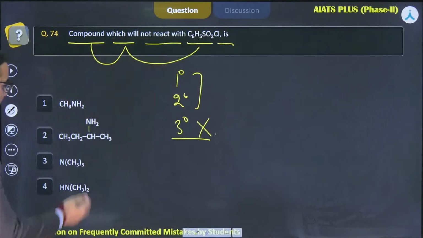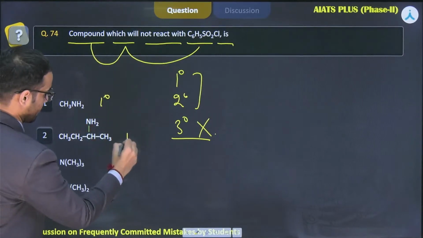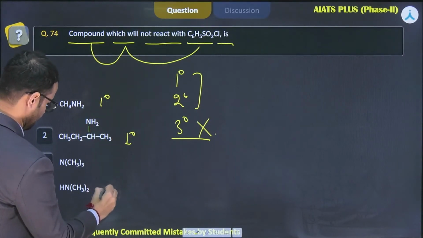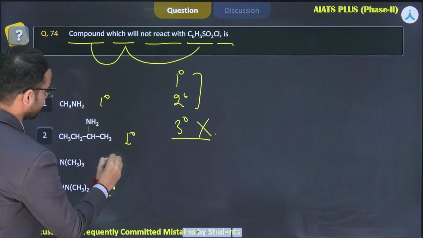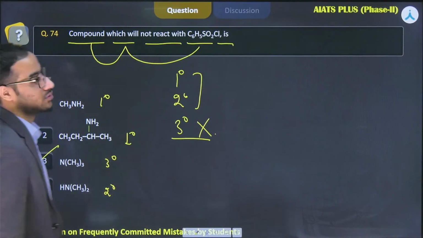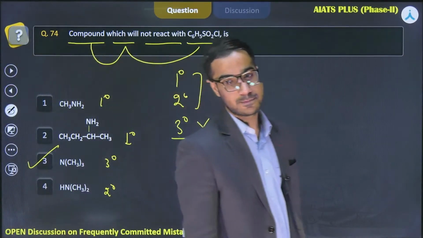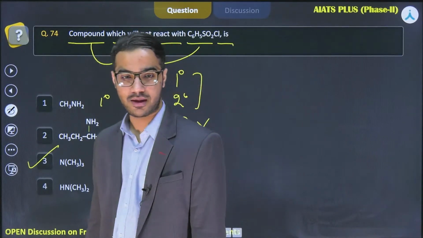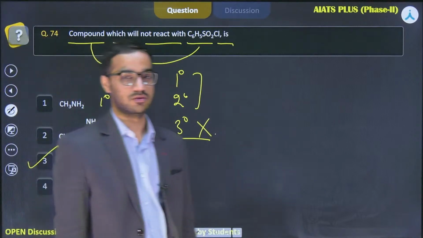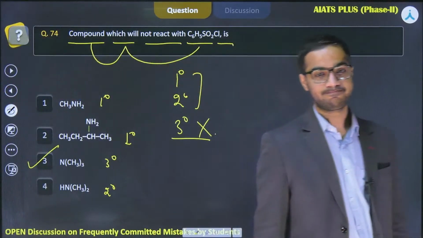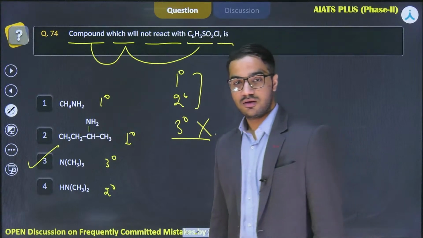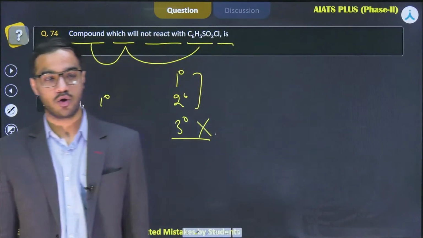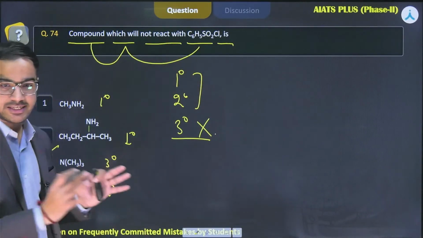This is 1-degree, this is 1-degree, this is 2-degree, and this is 3-degree. So the correct answer is third. Yes, Brotado and Pranika, absolutely correct. I hope this is clear to you all. Is this concept clear?